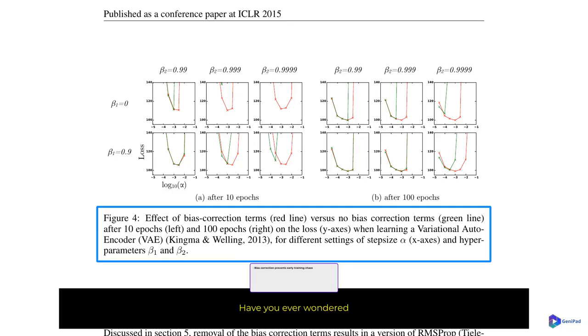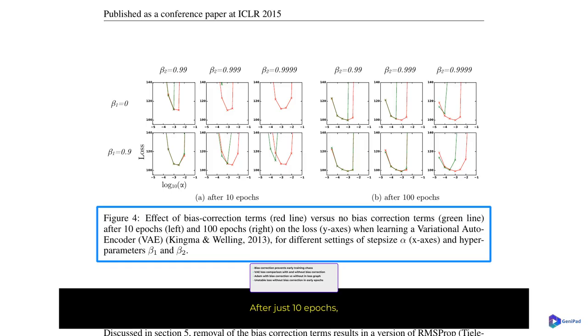Have you ever wondered how bias correction can save your model from early training chaos? In this figure, we're looking at a variational autoencoder, and it shows the loss over time with and without bias correction. The red line represents Adam with bias correction, while the green line is without it.